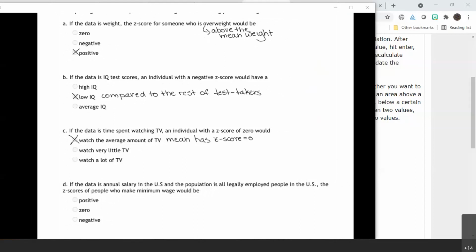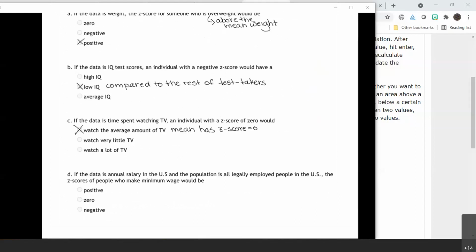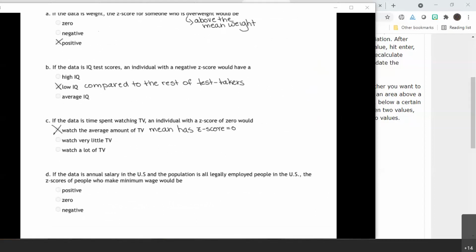Okay, the mean has a z-score of 0. If the data is annual salary in the US and the population is all legally employed people, what are the z-scores of people who make minimum wage? Minimum means less than the mean, less than average, right?